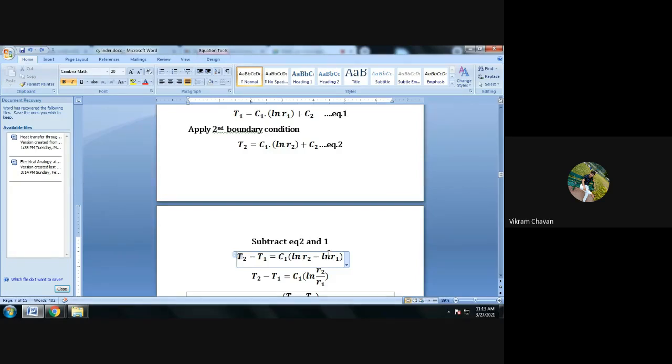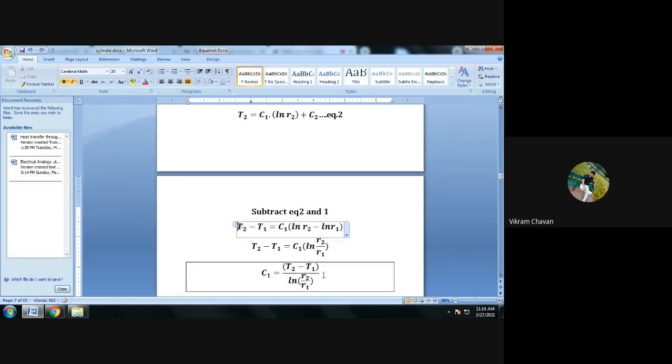By applying the same logarithmic rule, we have converted ln of R2 minus ln of R1 into ln of R2 divided by R1. Getting everyone? So we get the equation T2 minus T1 is equal to C1 multiplied by ln of R2 divided by R1.